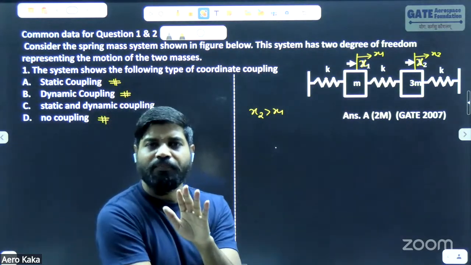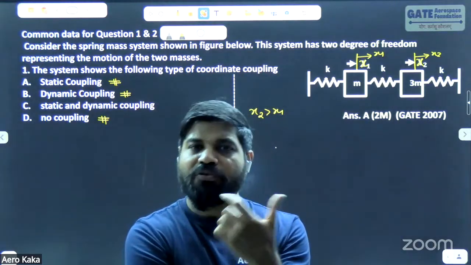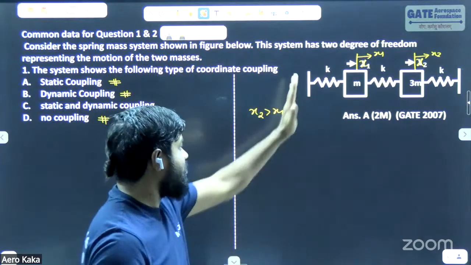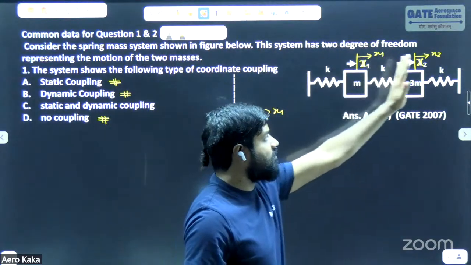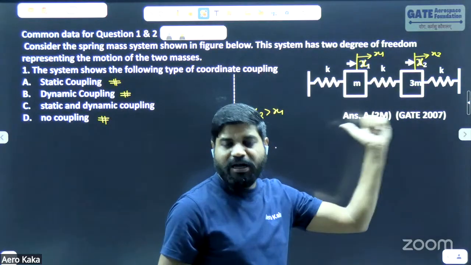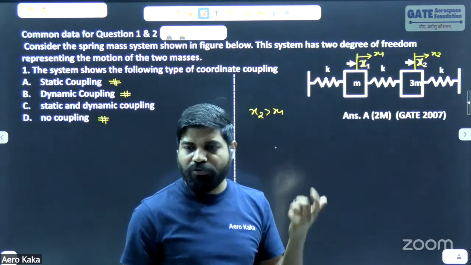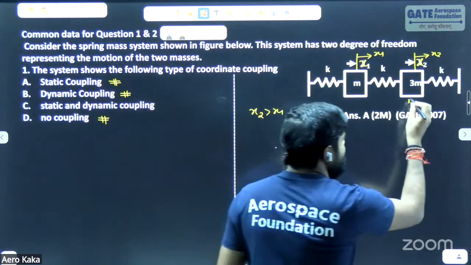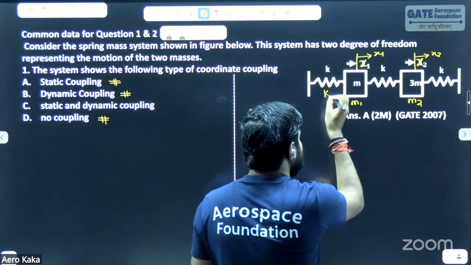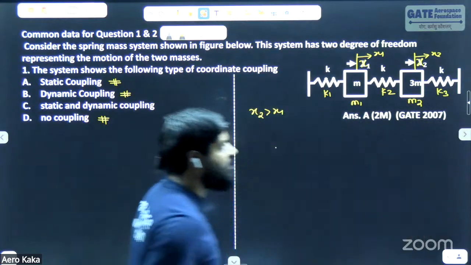The inertia force always acts in the opposite direction of acceleration, or opposite to the motion. So if this body is displaced in this direction, whether the first mass or the second mass, what is the direction of inertia force going to be? That's nothing but m2 x2 double dot. Let's say I'm considering this is m2 here, and this is m1. I'm considering this is k1, this is k2, and this is k3. I hope you can relate all these things.